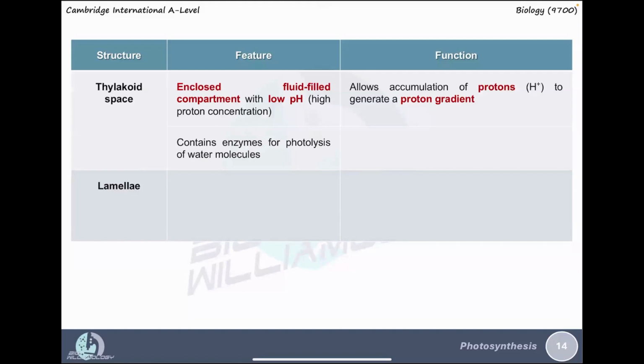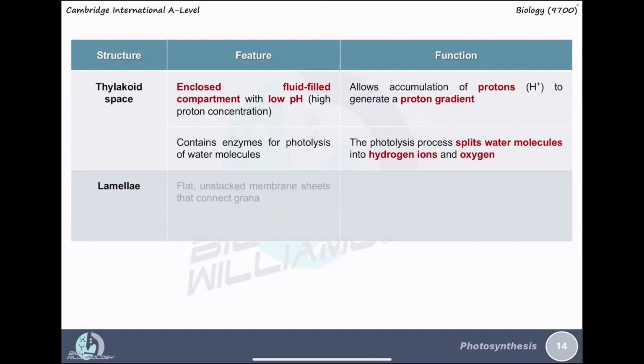Thylakoid space contains enzyme for photolysis of water molecules. This process is very important to split water molecules into hydrogen ions, protons, and oxygen. During this process, electrons are released. The electrons are involved in photosynthesis.